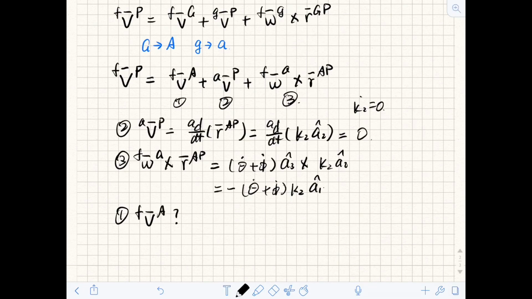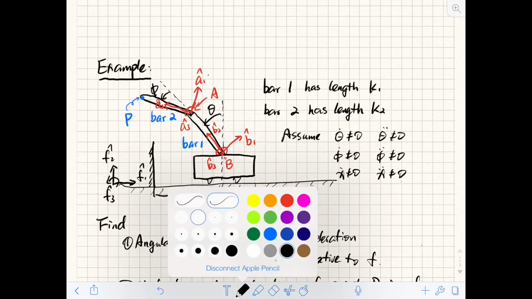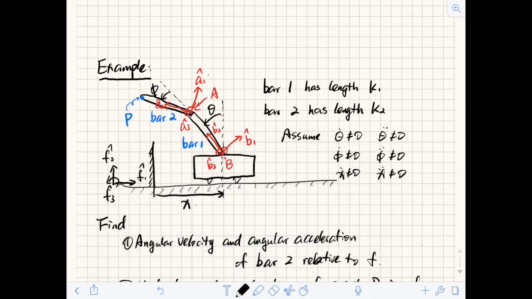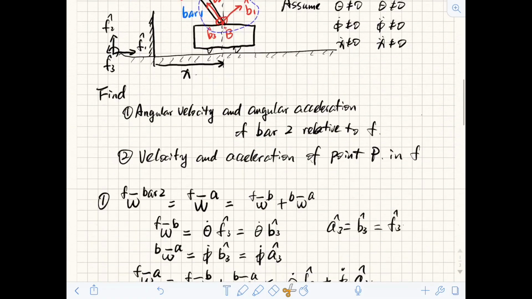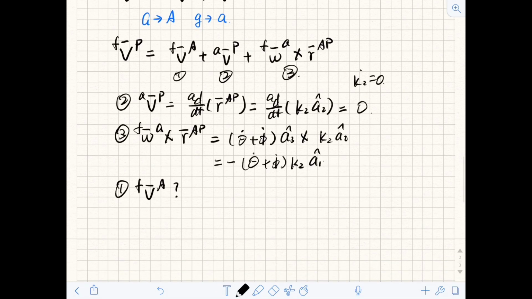So now for the first term, if we were to find the velocity of point A in F, what do we need? Let's go back to the problem. We know that A is fixed in the B frame. Right, this is a B frame, and A is on top of the bar, so A is really rotating with the bar. So to apply velocity expansion, we'll first write down the velocity expansion in the most generic form.